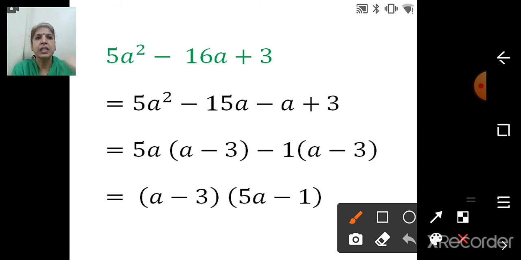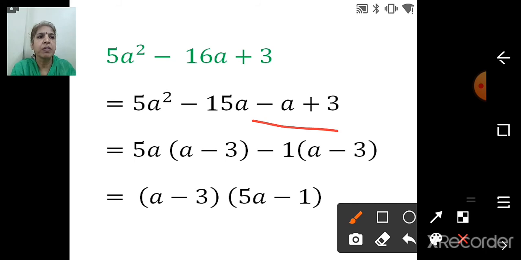Now in this first group of two terms, which is a common factor? 5 is common, a is common. So 5a common, uncommon in the bracket. Uncommon here it is 5a square, so uncommon factor is a. Here minus sign, so minus 3. And here nothing is common, children, in the next group.